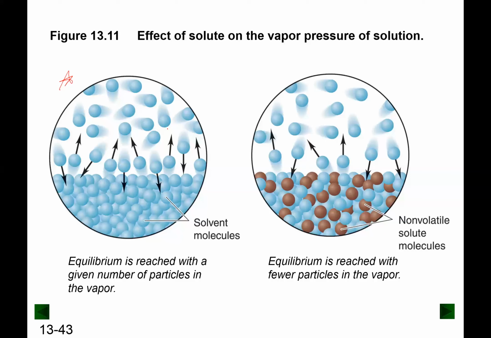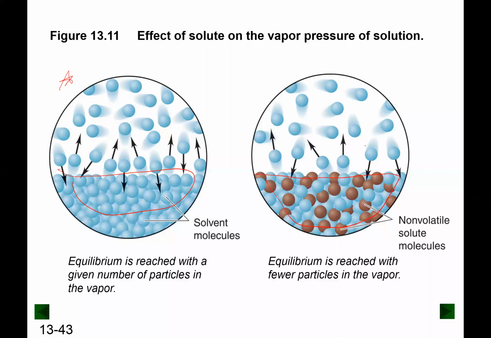Now, when we have a solution, the overall entropy of the solution is already larger than that of the pure solvent. So for a solution where the entropy is already higher than the entropy of the pure solvent, we have less vapor pressure, because fewer particles have to go into the gas phase in order to achieve the same overall entropy. And so this is the explanation for the why of the lowering of the vapor pressure.